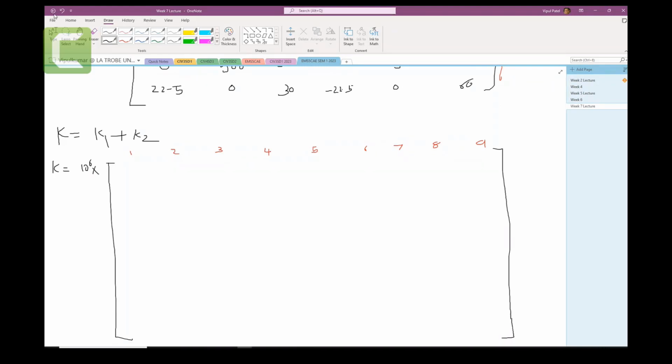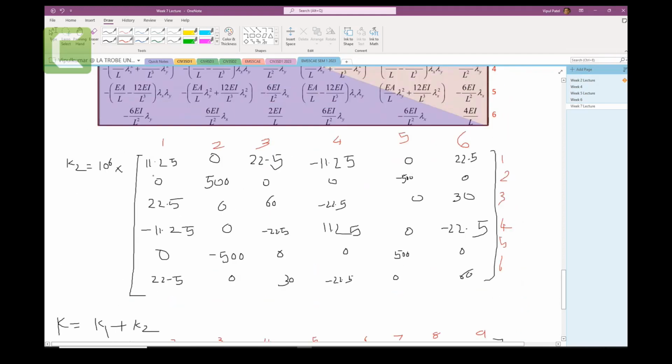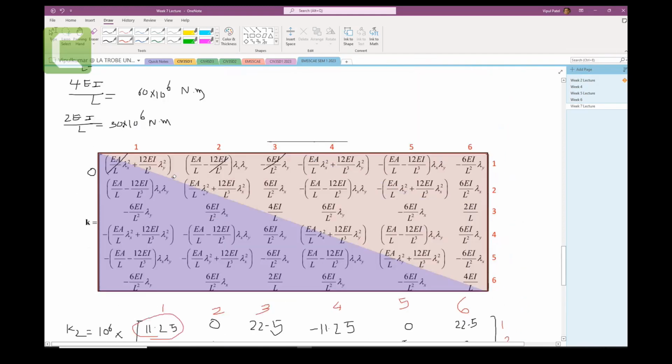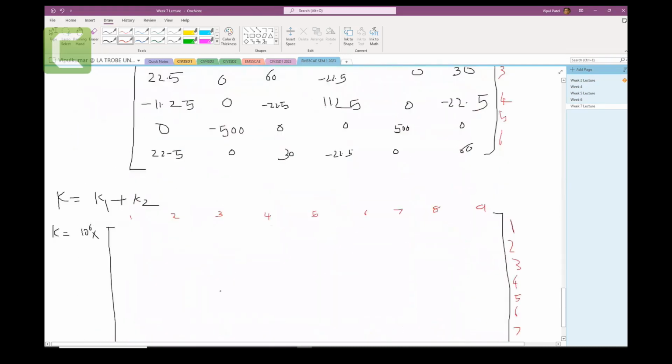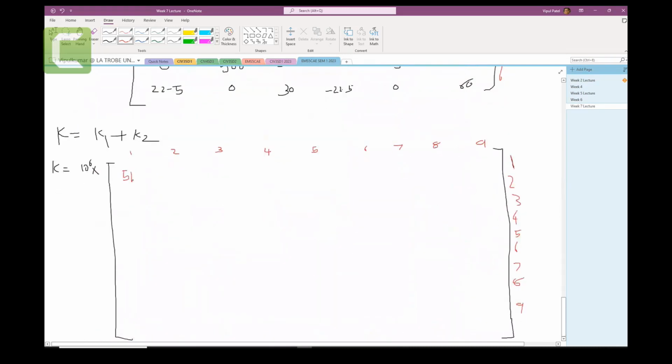And similarly here, 1, 2, 3, 4, 5, 6, 7, 8, and 9. Right. So 1, 1: you have 11.25 in 1, 1. Here you have 500 in 1, 1. So 500 plus 11.25, you get 511.25.